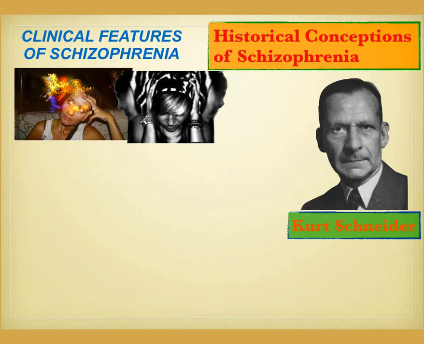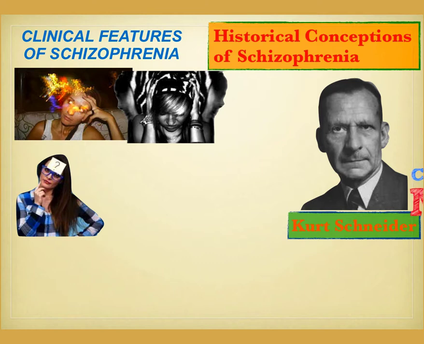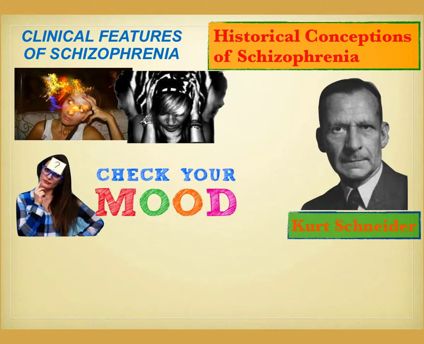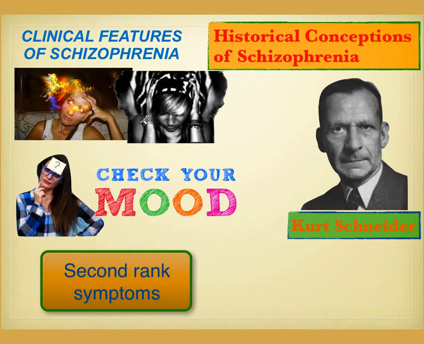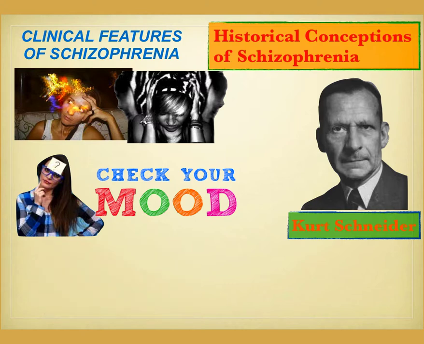Hallucinations and delusions were first rank because they were most noticeable, most predominant to the diagnosis of schizophrenia. Then he had so-called second-rank symptoms, which are found in other disorders as well. Schneider considered confusion and disturbances in mood to be second-rank symptoms rather than first.